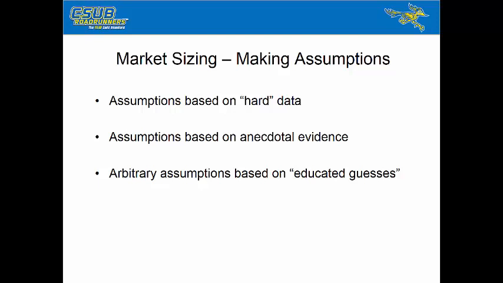There are 3 different kinds of assumptions that you're going to make when doing a market sizing. There are assumptions based on hard data, assumptions based on anecdotal evidence, and assumptions based on educated guesses. Assumptions based on hard data are assumptions that you get because you went out and looked at a number on the internet or in a book somewhere.